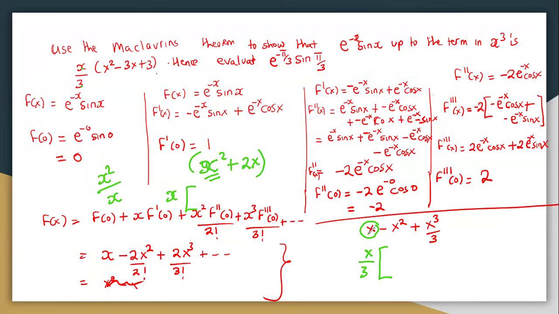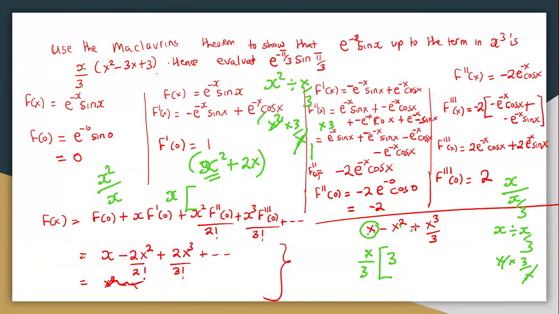So for such a case, here where we have taken out x out of 3, I'll have what I have inside divided by x out of 3. So this x and the x cancels, so this is the same as x divided by x out of 3, which is x times 3 out of x. The x cancels, so here we remain with 3. Then for this second part, I'll have x squared divided by x out of 3, which is x squared times 3 out of x. 1x and 1x goes, so you'll get x times 3, which is 3x. So here, we shall remain with 3x.